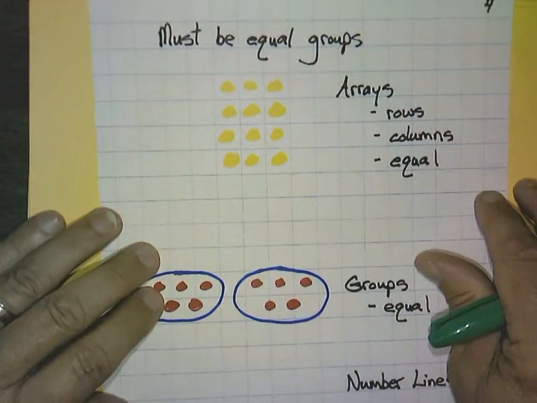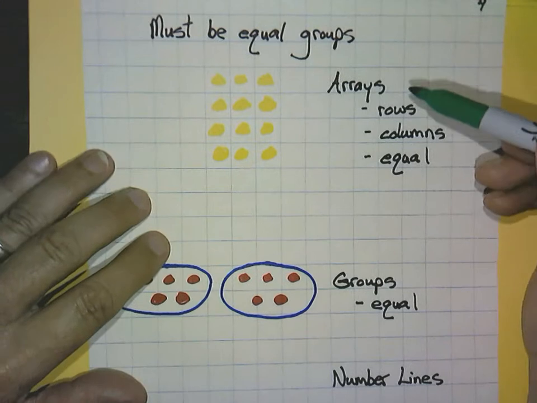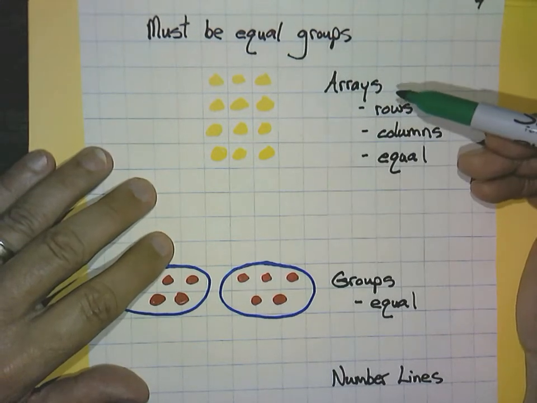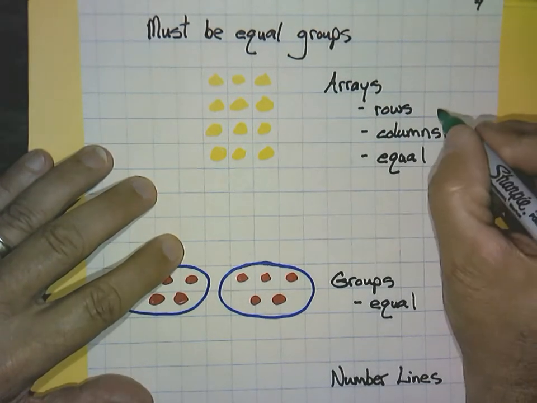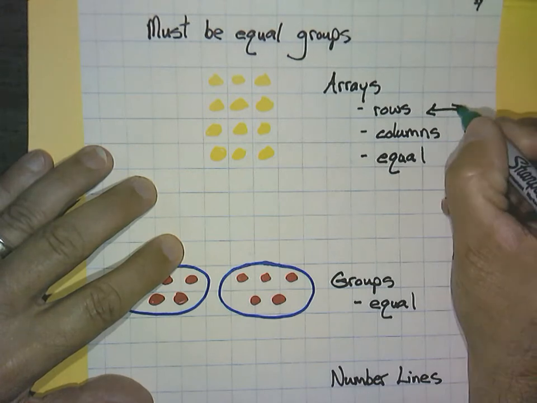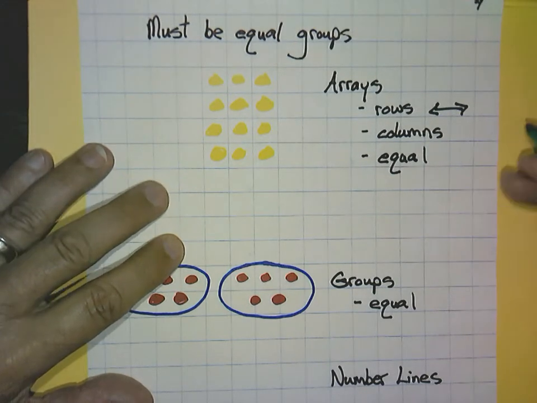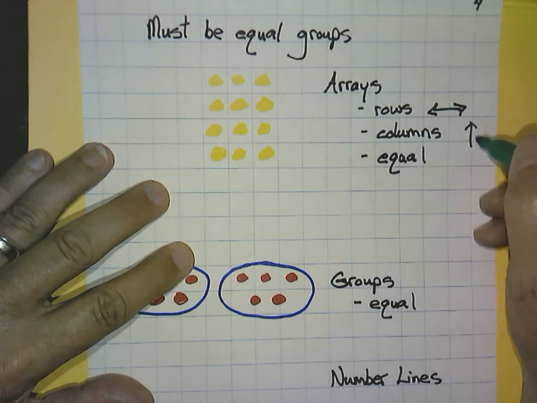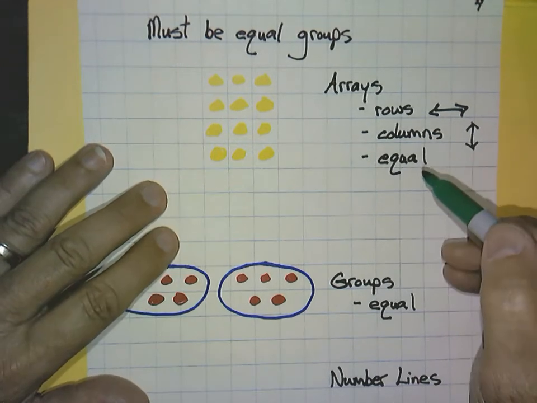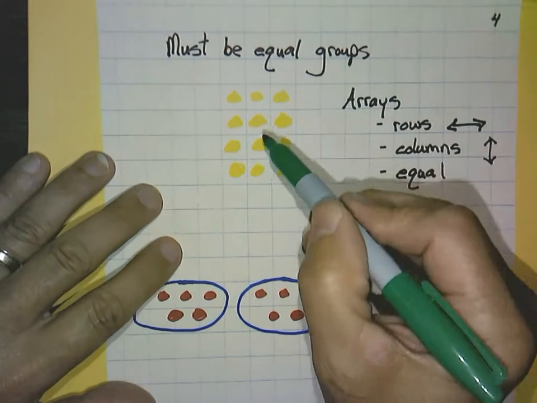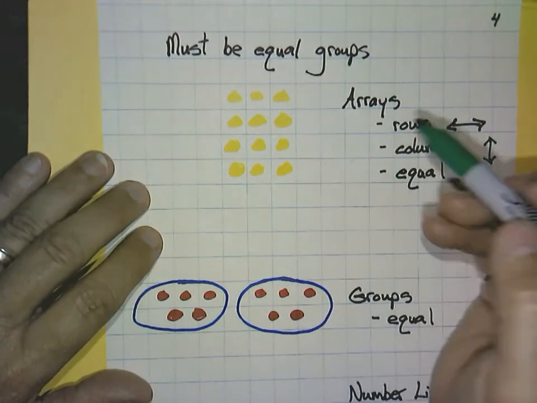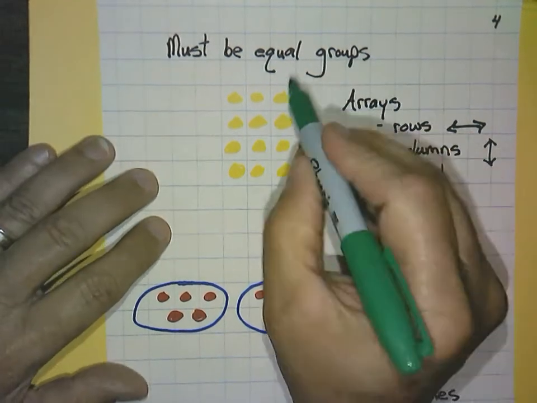There's different ways to show equal groups. One way is arrays. Arrays just have rows, and rows go from left to right on your screen. Columns go up and down, and remember they must be equal. So here's an example of a multiplication array.